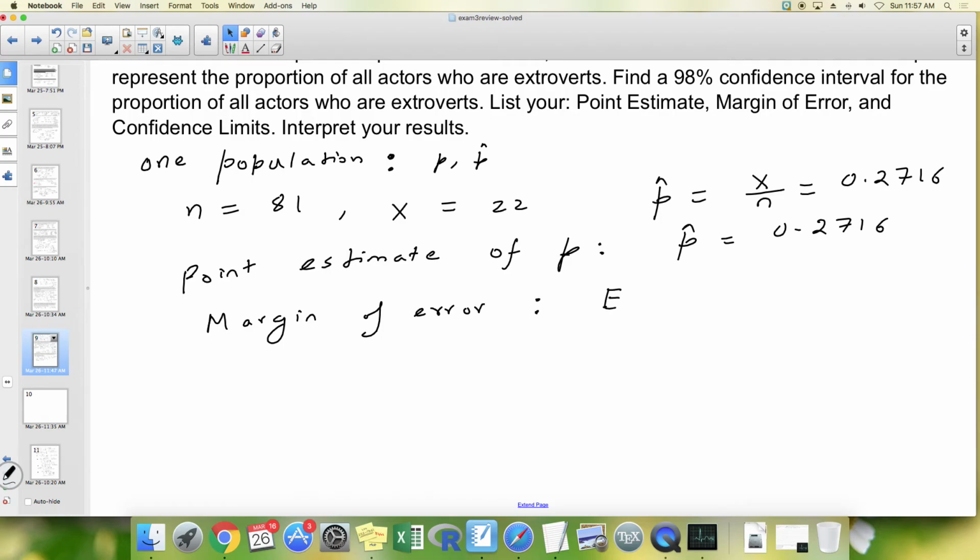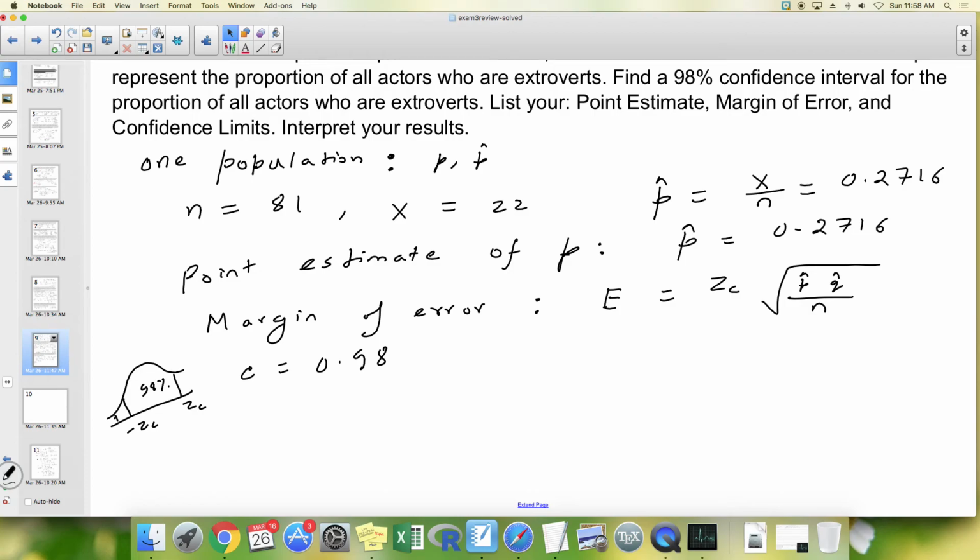That's E, which is ZC times square root of p hat q hat by n. So what's C here? C is 98%. Although that's not a usual value, they can ask you, this can really be asked. We have done this many times. That means between ZC and negative ZC, there is 98%.